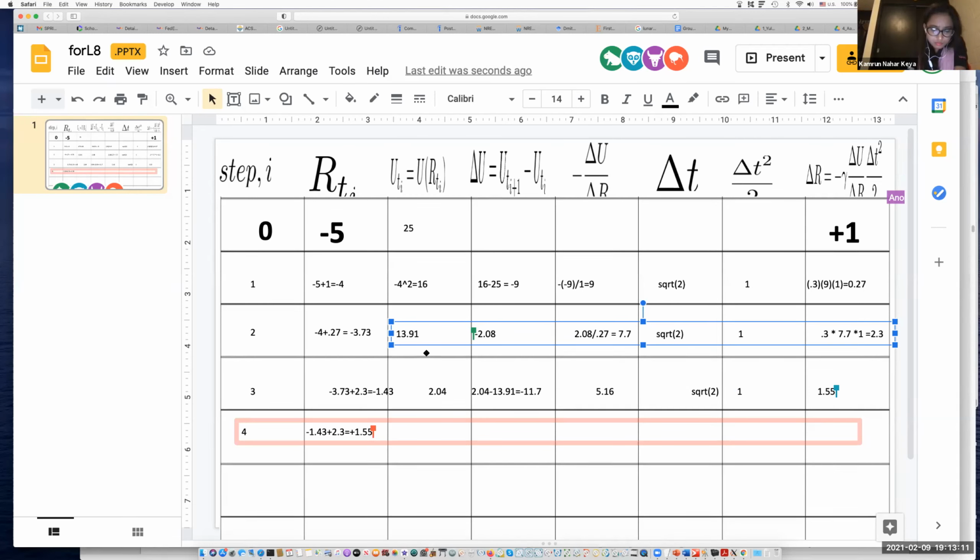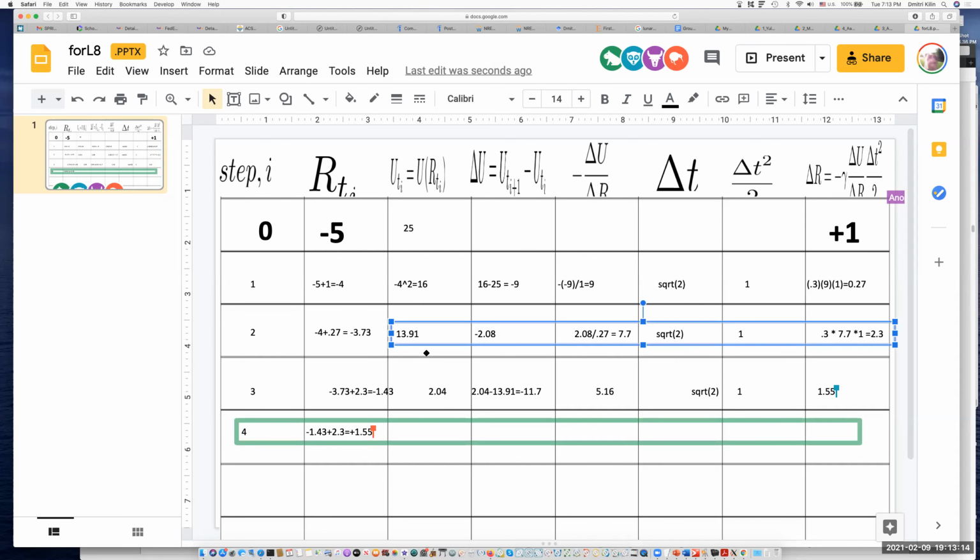Sorry, it's 1.55, I made a mistake. Then it would be minus 1.43 plus 1.55.